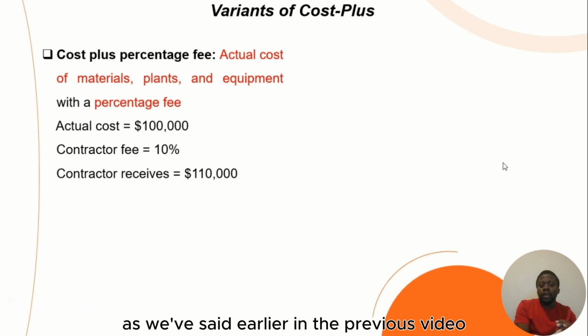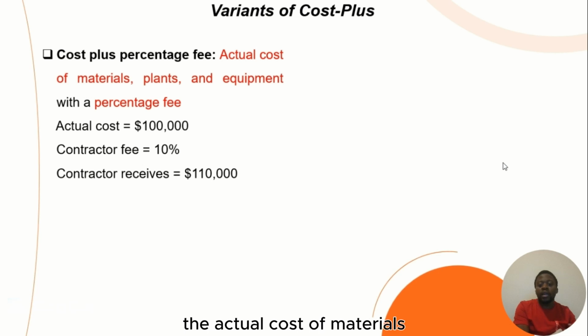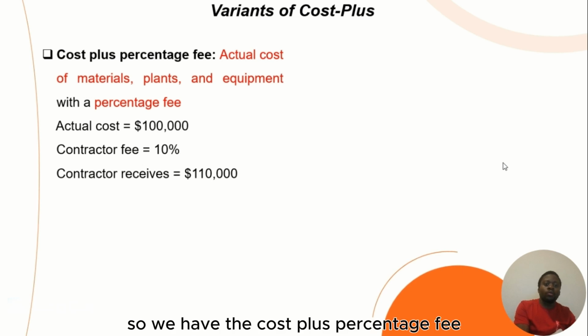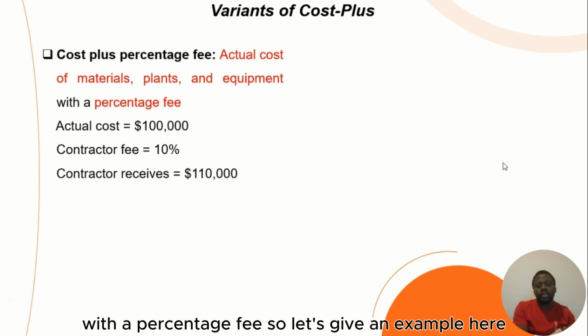As we said earlier in the previous video, cost plus means the actual cost of materials, plant, and equipment used in the construction. So the cost plus percentage fee is the total cost with a percentage fee.